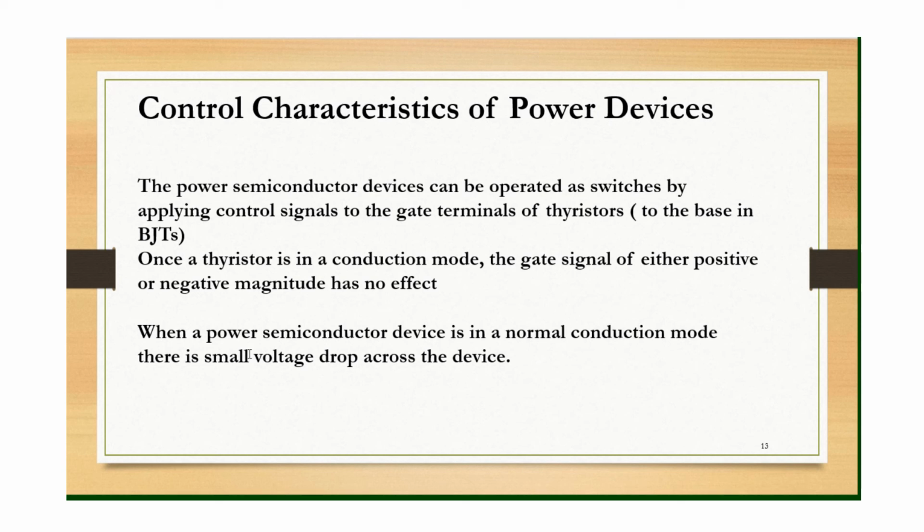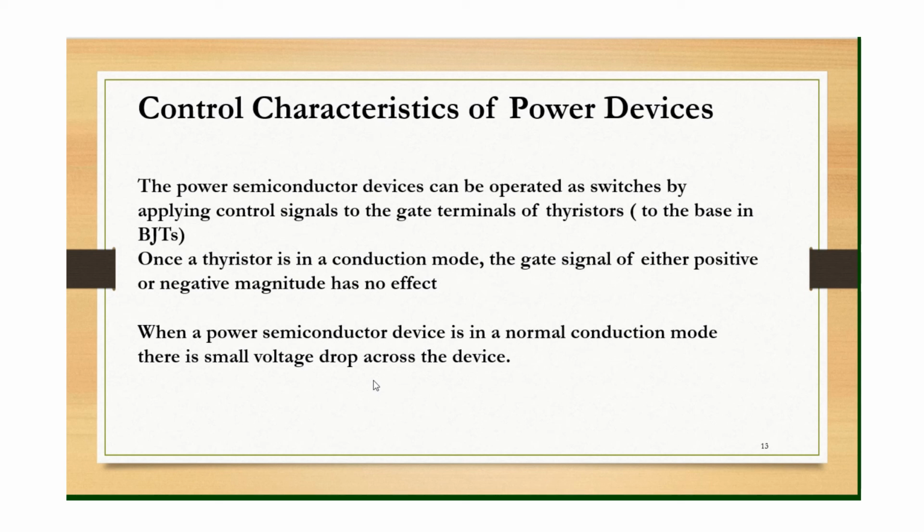Also, one more important characteristic is that when a power semiconductor device is in normal conduction mode, there is a small voltage drop across the device. Whenever it is conducting, when it is turned on, there will always be a small voltage drop. In an ideal switch, when a switch is closed, there should be zero voltage drop, right? Because the maximum current will be passing through it.